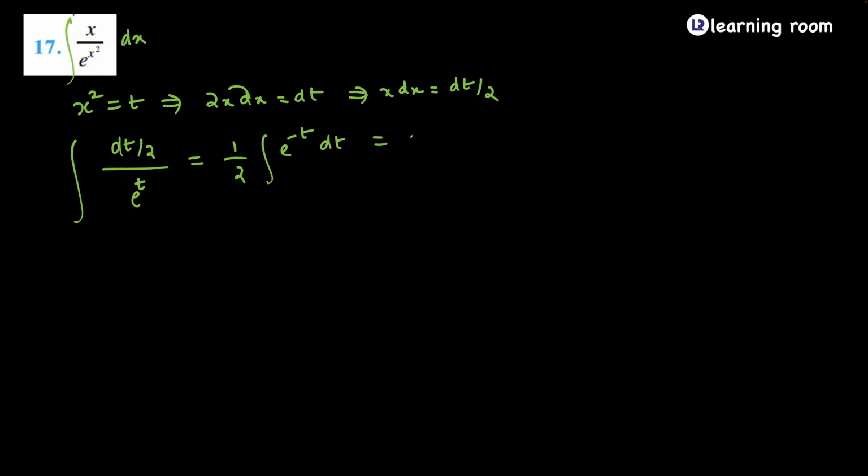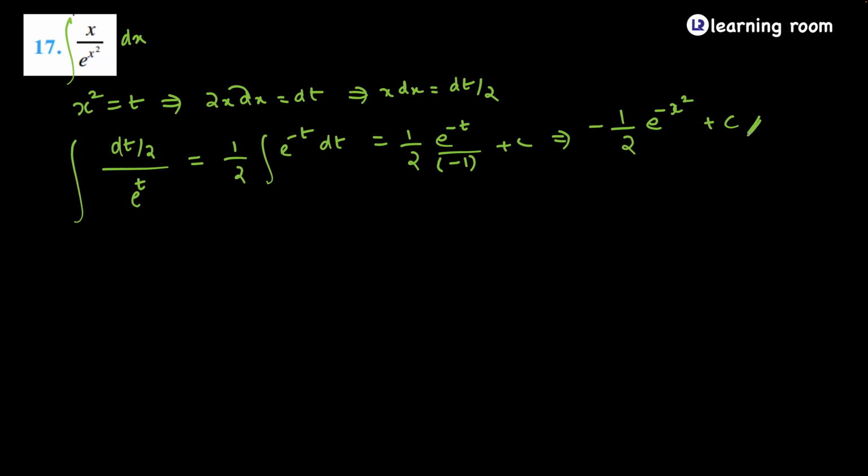It is going to be 1 by 2 into e power something, I told e power the same thing. So it is e power minus t the whole divided by, what is the coefficient of t? It is minus 1 plus c, which implies it is minus 1 by 2 into e power minus, what is the value of t? It is x square plus c.